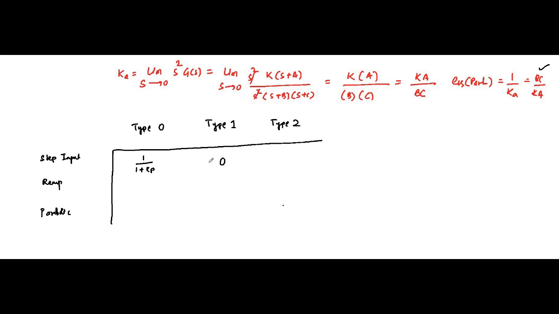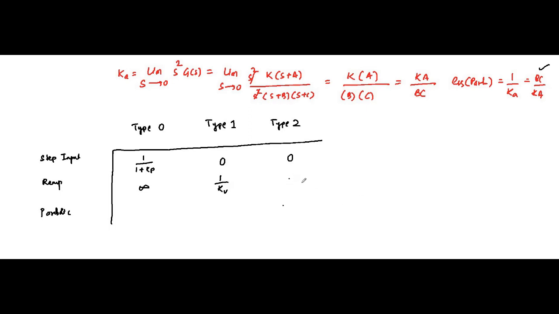Step input, type 1 system, the result is 0. Step input, type 2 system, the result is 0. Then ramp input, type 0 system, the result is equal to infinity. Type 1 system, the result is 1 by Kv, velocity error constant.